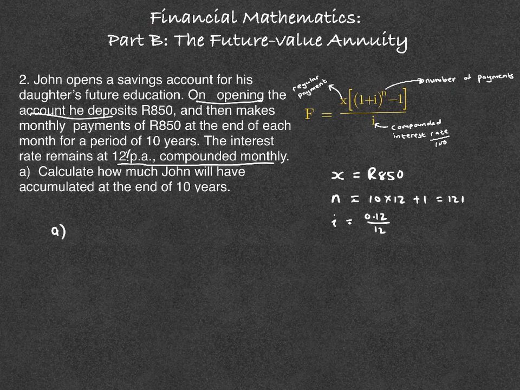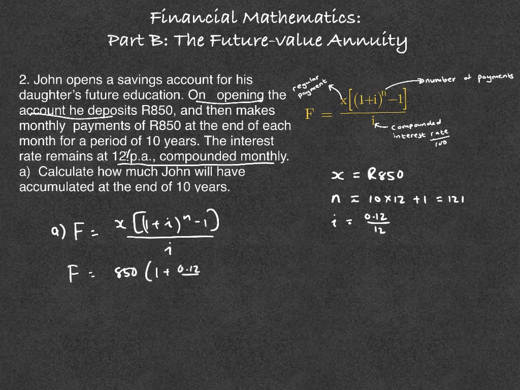The first question: calculate how much John will have accumulated at the end of 10 years. So the future value is equal to x times (1 plus i to the power of n, minus 1) over i. So what will that be? It's 850 times (1 plus 0.12 over 12) to the power of n, where n is 121, minus 1, over 0.12 divided by 12.